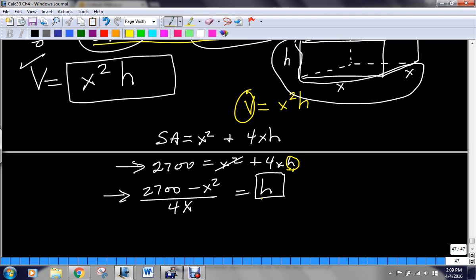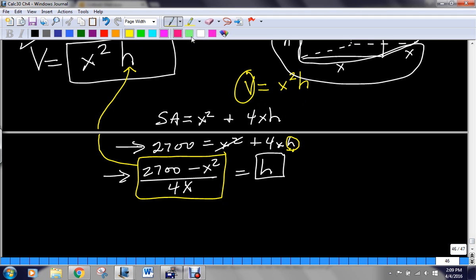Now this h, which we see over here in the volume, I can substitute for what h equals, and that is in terms of x alone. So that goes right there. You guys will have your steps handy if you want to keep looking through them. You with me so far? Doing good?